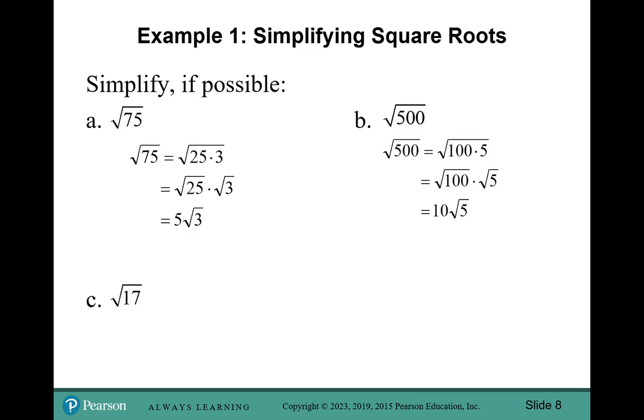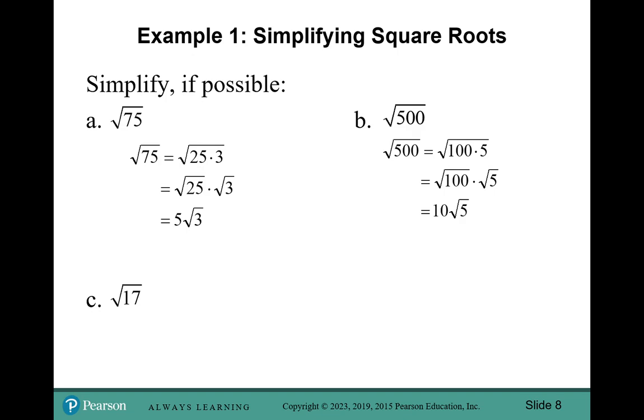Let's look at B. Now, if we look at 500 and try to think of what factors of 500 could break up into a perfect square, we come to the conclusion that those factors should probably be 100 and 5. So 100 is a perfect square, 5 is not. But 100 times 5 is 500.